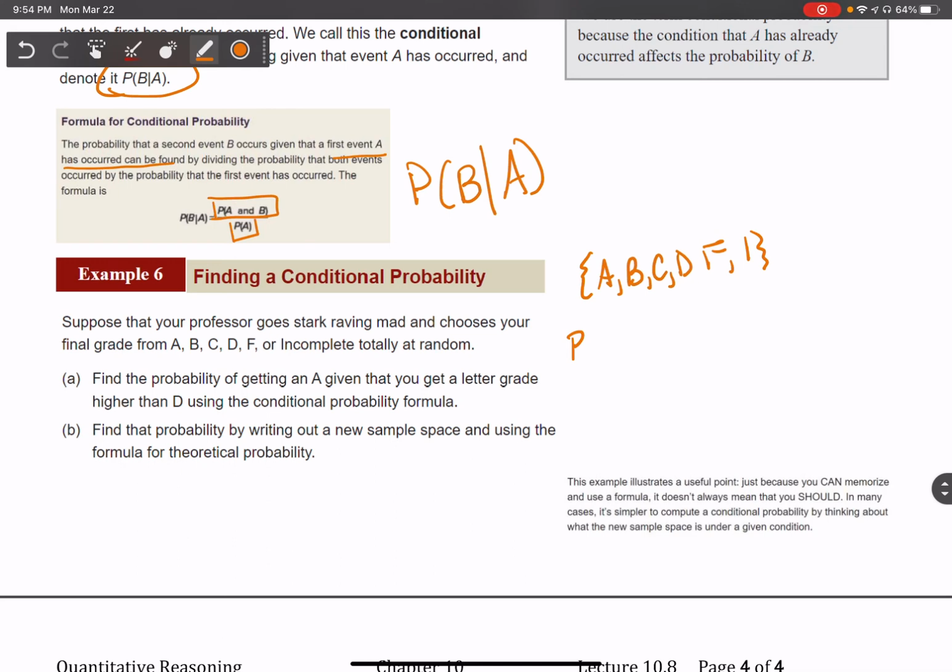Probability of getting an A given that you get a letter grade higher than D.